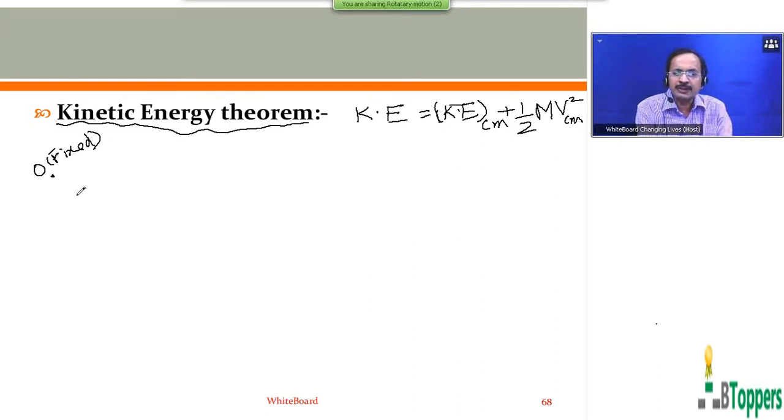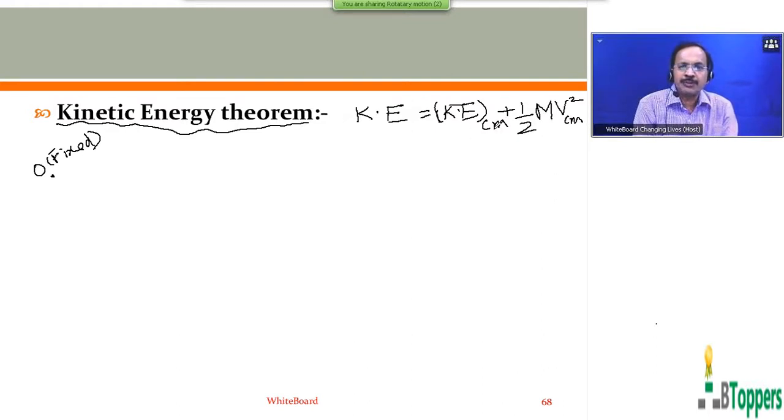As I discussed earlier in Newton's laws of motion, for all practical purposes, the laboratory frame of reference we consider as an inertial frame of reference. So the kinetic energy of a system of particles with respect to the origin of the inertial frame of reference can be written as KE_CM plus half capital M into V_CM squared.